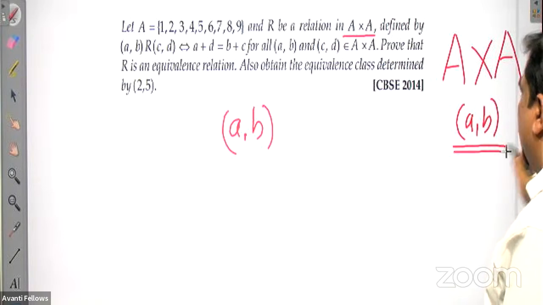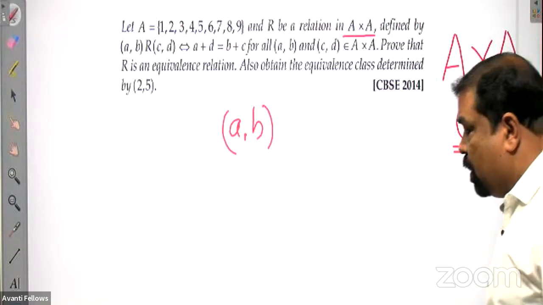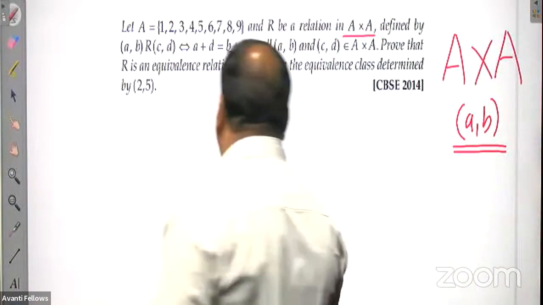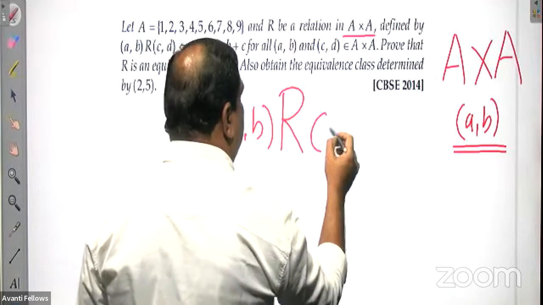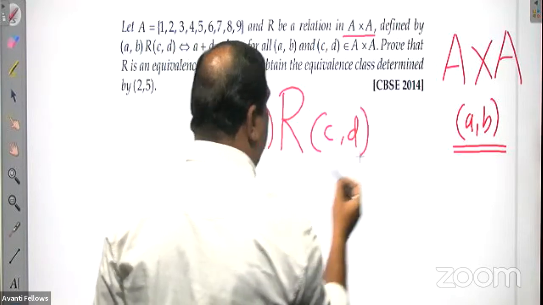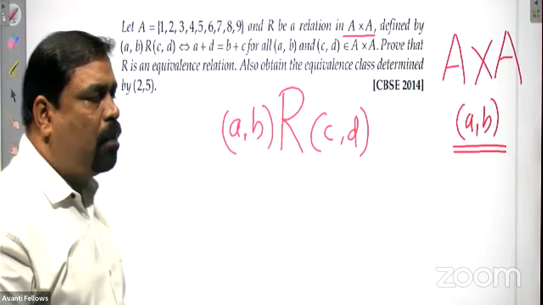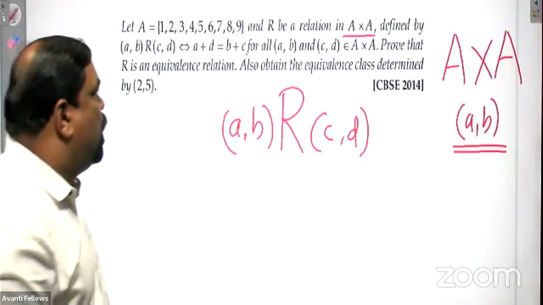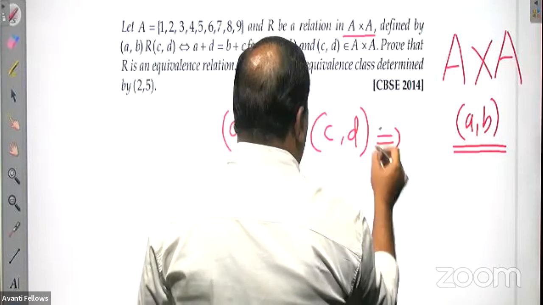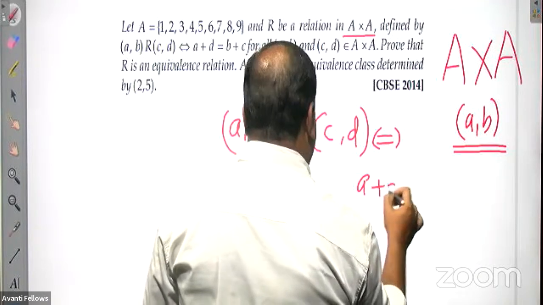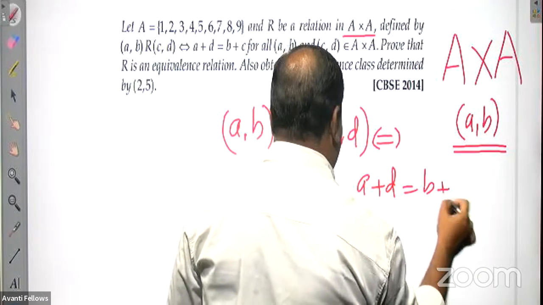All elements are ordered pairs. So any element (a, b) is related to another element (c, d) if and only if the condition is what? a plus d equal to b plus c.